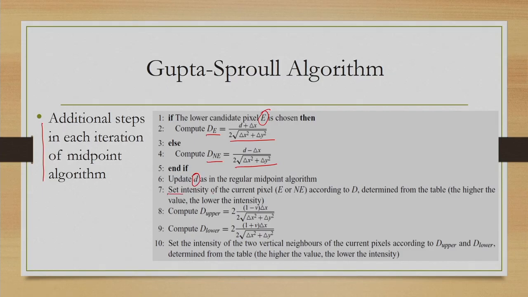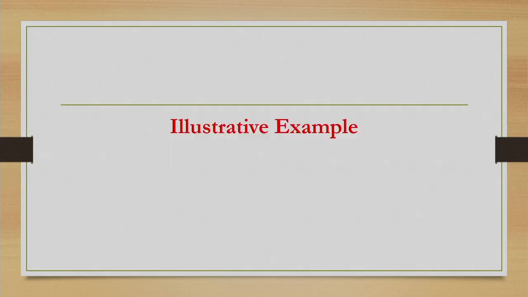Then we set the intensity values according to D. Then we compute D upper and D lower and then set the intensity of the two vertical neighbors. These are the additional steps that are performed in the Gupta-Sproul algorithm as compared to the original midpoint line drawing algorithm. Let us try to understand the algorithm with one example.